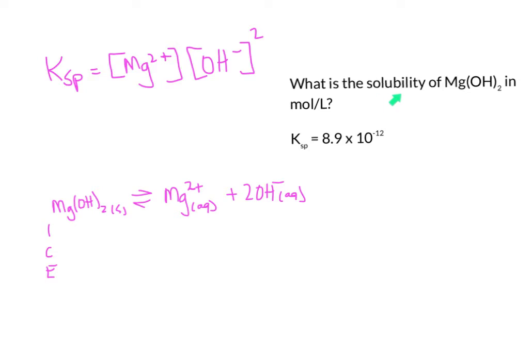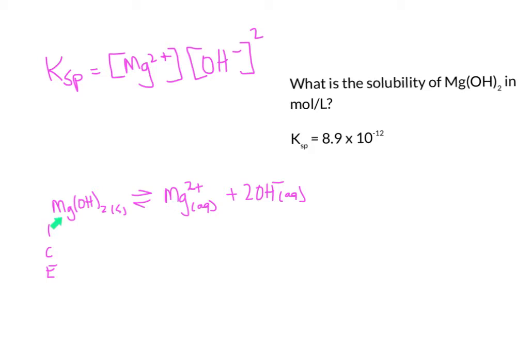What is the solubility of Mg(OH)2, so magnesium hydroxide, in moles per liter? So we just want the solubility in moles per liter. The definition of solubility is the maximum amount that can be dissolved. Well, we know that the maximum amount that can be dissolved is in a 1-to-1 ratio with our concentration of Mg2+ ions. That's an important statement. I'm going to say it again.